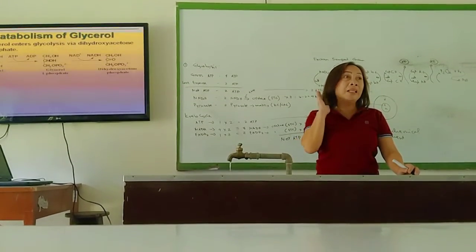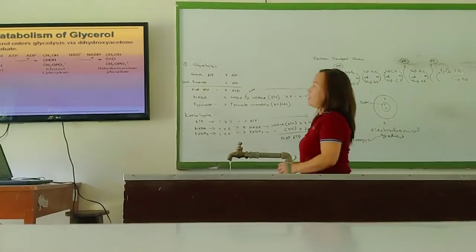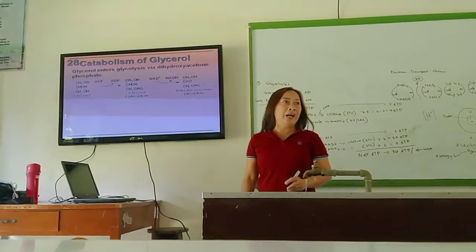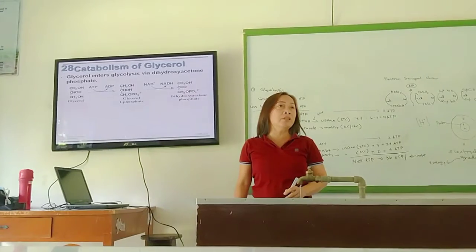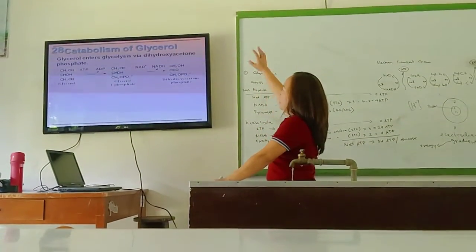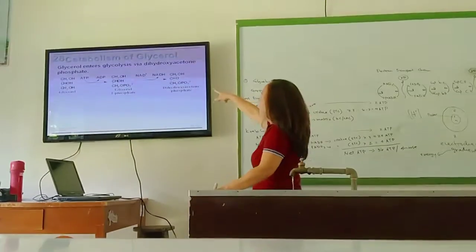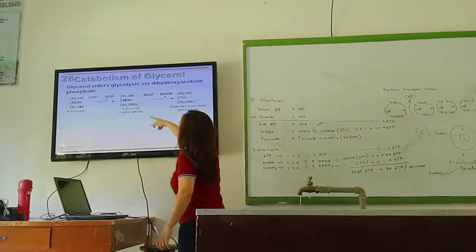Now, how would glycerol be used as energy? Glycerol can still be broken down, and this would also yield energy. So you have here, glycerol enters glycolysis via dihydroxyacetone phosphate.